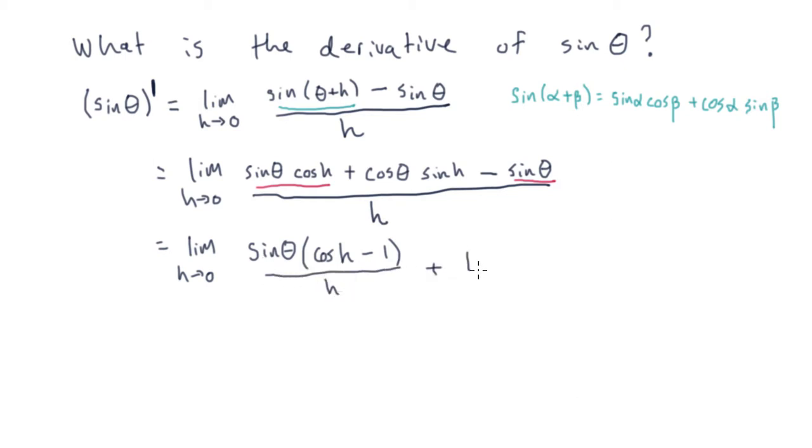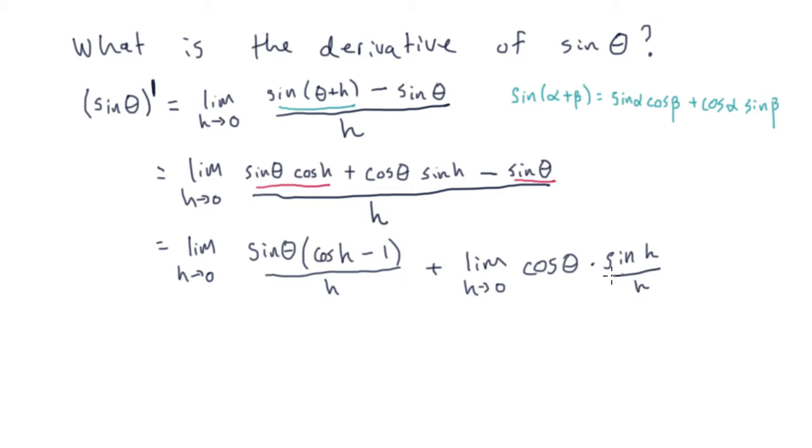Plus the limit as h goes to 0 of cosine theta times, okay, so I'm looking at this term here. So I'm going to write it as cosine theta and then times sine h over h. And you'll see why I'm doing that.